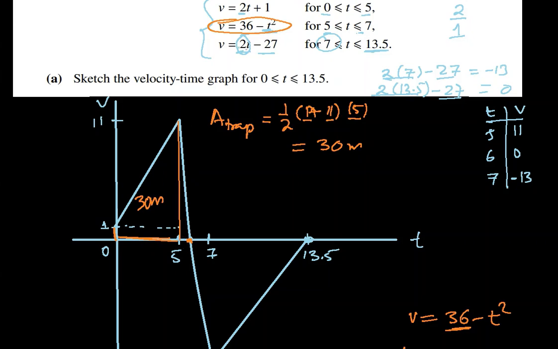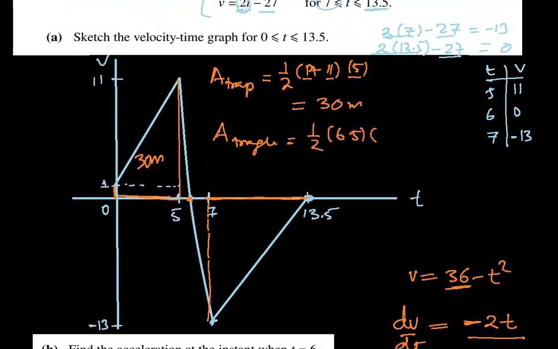The middle one is a curve. We'll take care of that later. Let's find the area of this triangle now. It's a triangle, not a trapezium this time. So area of triangle will be half base times height. Base is this one, which is 7 to 13.5, 6.5. Height is from 0 till minus 13, so I'll take it as positive 13, because we want to find the area.